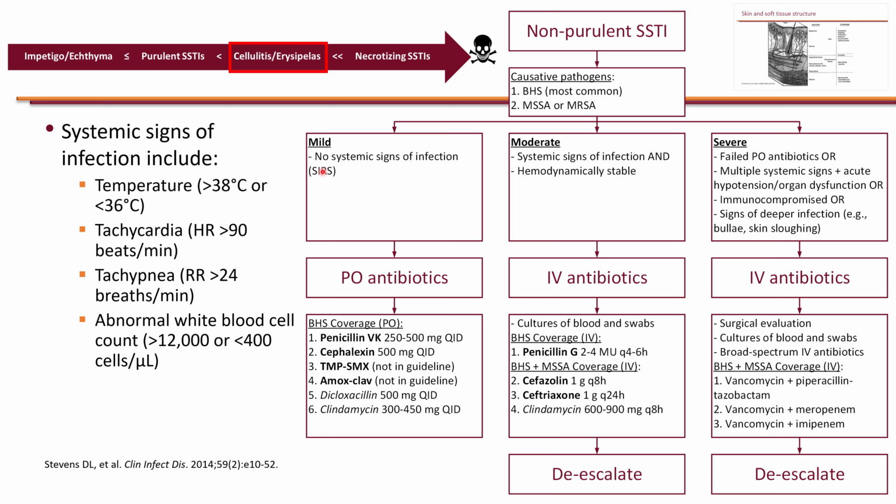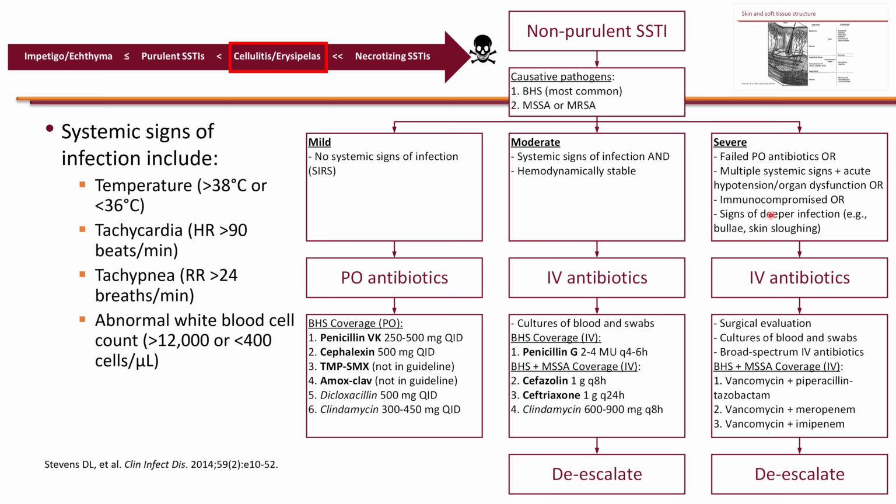Just like purulent SSTI, we break non-purulent SSTI into mild, moderate, and severe using the same criteria. So mild is no systemic signs of infection, moderate is systemic and hemodynamically stable, and severe essentially means failed PO antibiotics, or multiple systemic signs plus organ dysfunction, or immunocompromised, or signs of deeper infection.